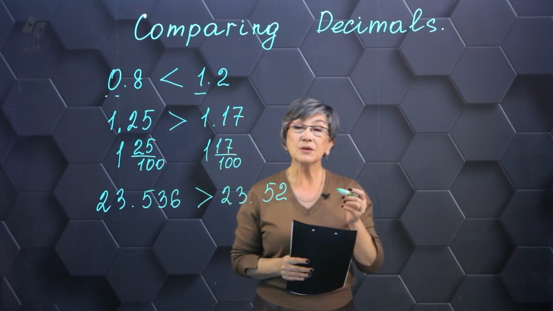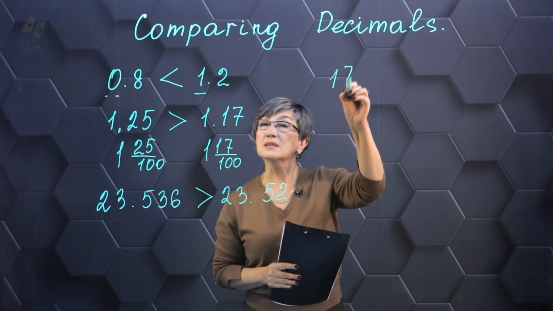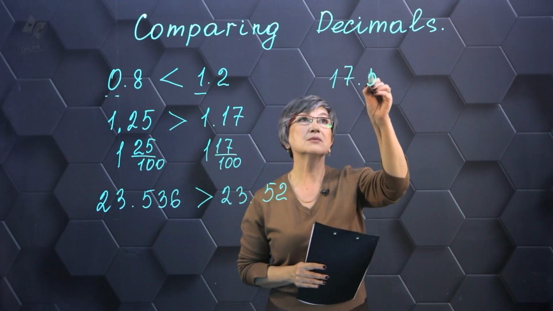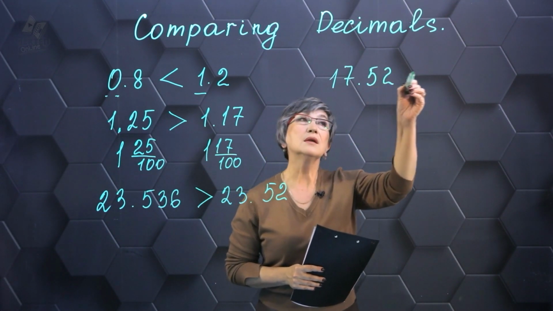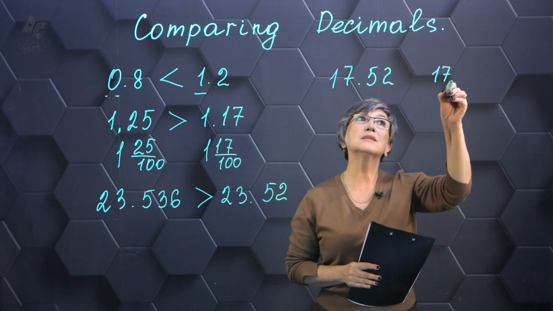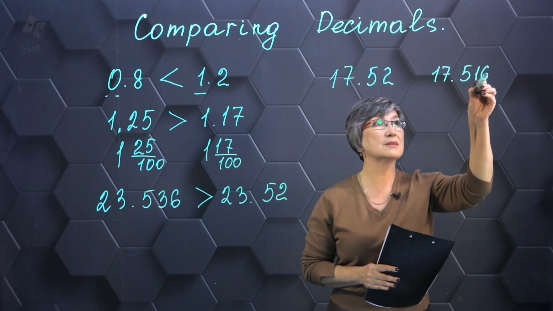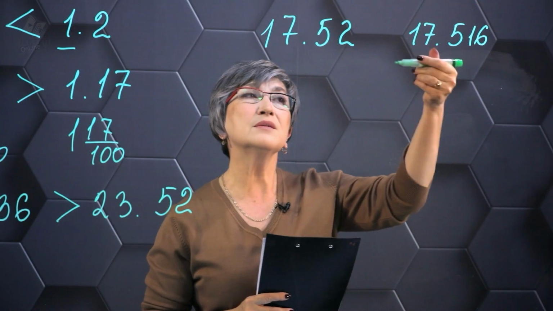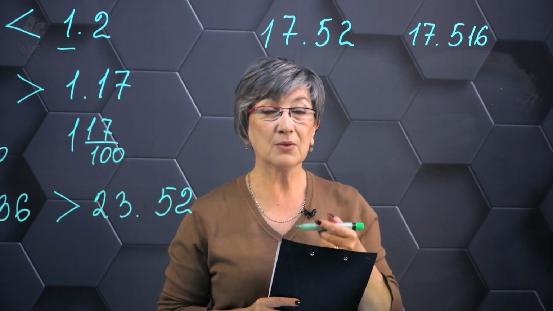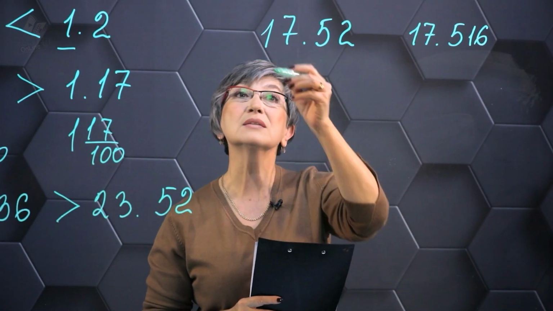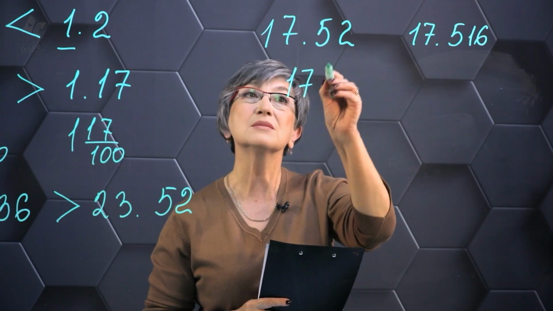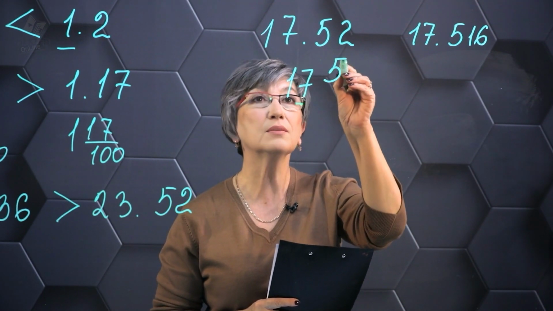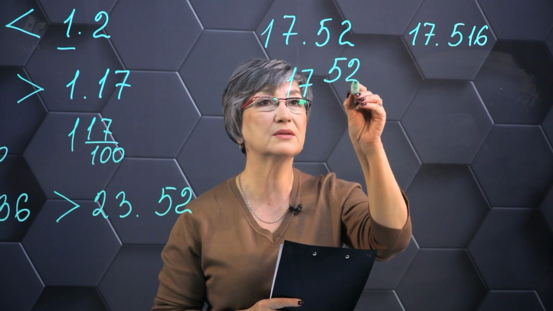Now let's look at one more example. 17.52 hundredths and 17.516 thousandths. Now let's compare these decimals. Their whole parts are equal. 17 integers. Let's write it down as an ordinary fraction. 17.52 hundredths.